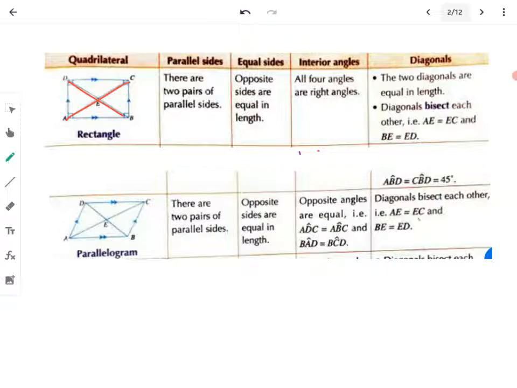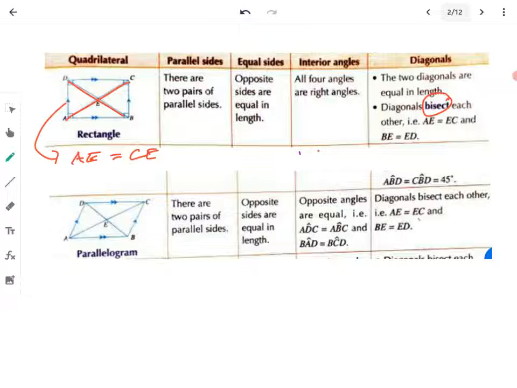Then diagonals also bisect each other. When you say the word bisect, it means cut an object into two equal parts. So when BD bisects AC, AC will be cut into two. That gives us a simple notation, AE equals CE, because AC is being bisected, cut in half, by the diagonal BD.